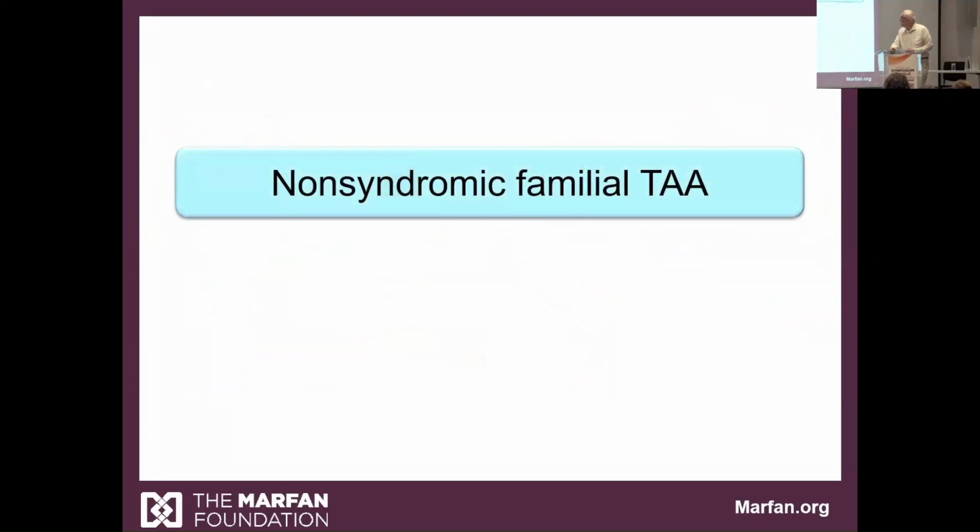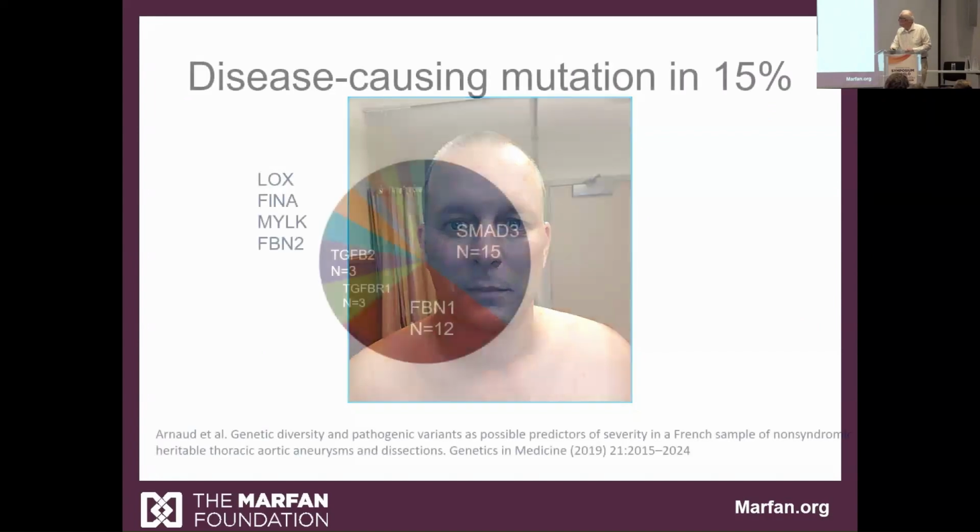Finally, I will end with, well, no, there's still one more. This is a really important thing to mention, that many patients have a completely normal physical appearance, and yet they have a family pattern of aneurysm. This is a man whose brother died at age 32 of an aortic dissection.